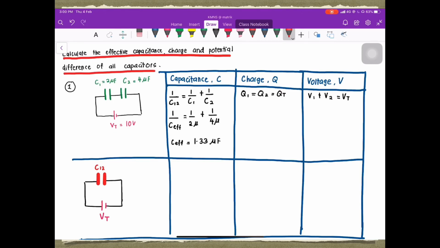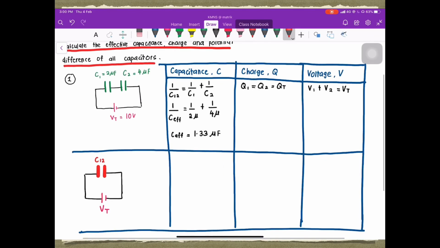We want to discuss question number 1. The first step is to calculate the capacitance. Before that, make sure we draw the table. This is the first column, capacitance.